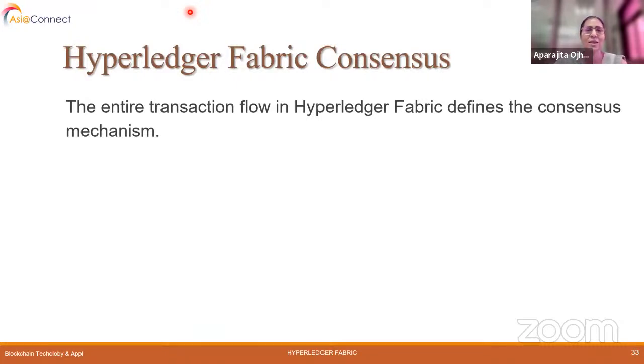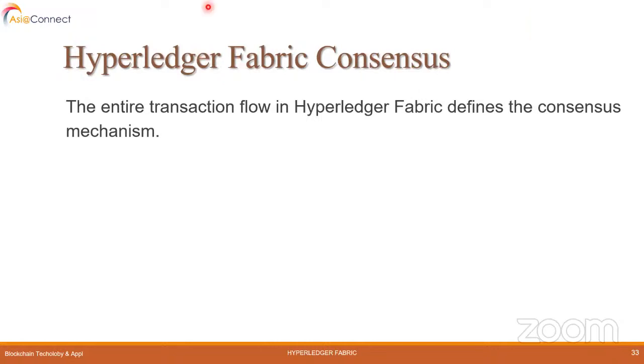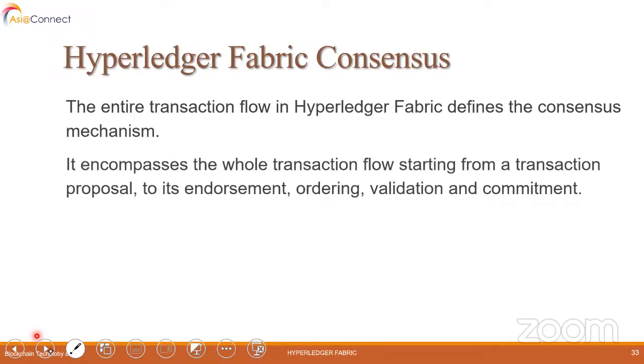So the consensus mechanism is this only here. The whole transaction flow is part of the consensus mechanism. So the transaction flow contains an endorsement policy that requires to be satisfied, ordering consensus that requires to be satisfied, validation and verification of each transaction that requires to be satisfied, so that the committing peers can say that, okay, this can be committed.